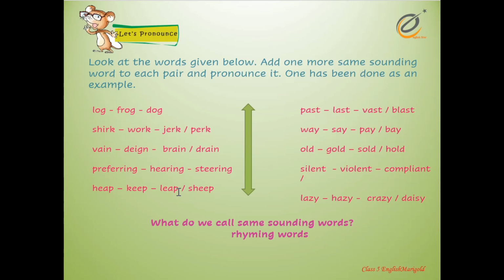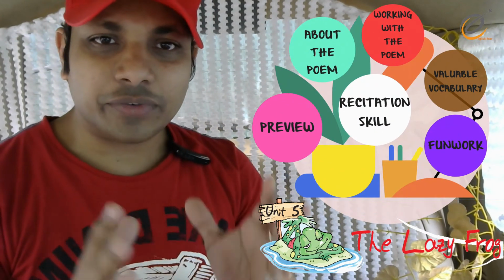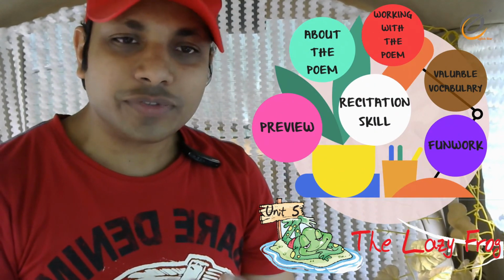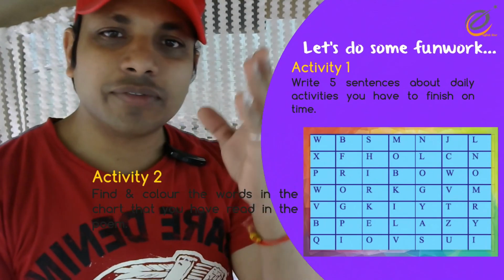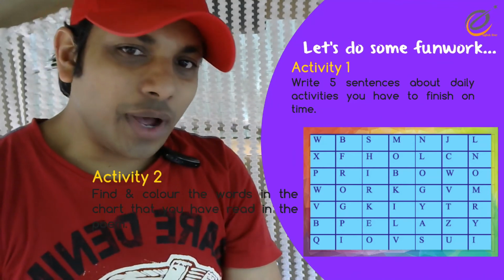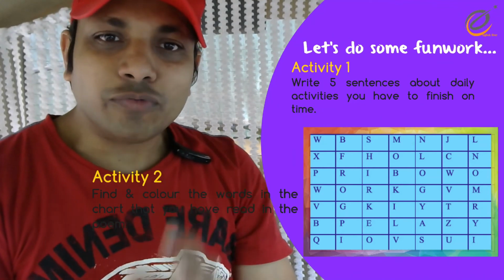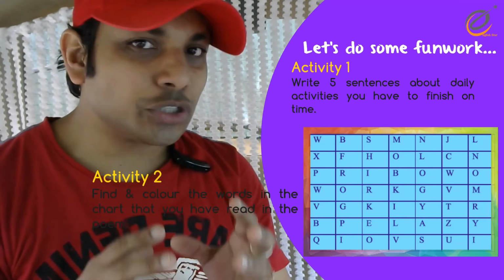Sharpen up your pronunciation. Well, students, so let's move ahead. After finishing all these activities working with the poem, we will move towards fun work. Here you have got the two activities as your fun work. In activity 1, write 5 sentences about daily activities you have to finish on time.